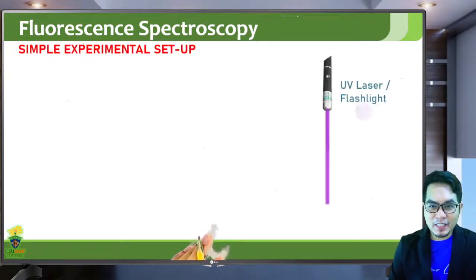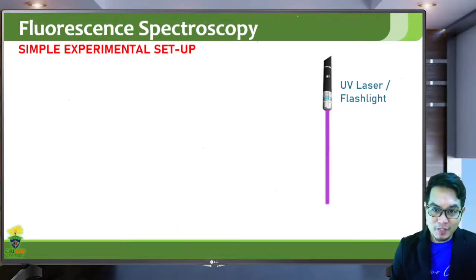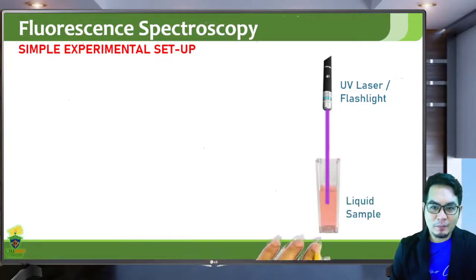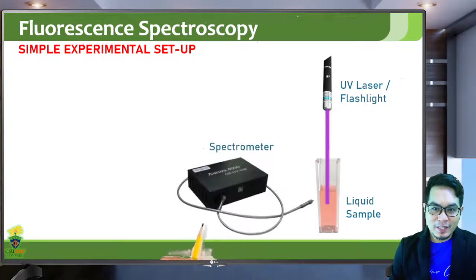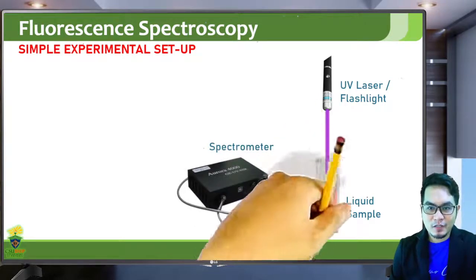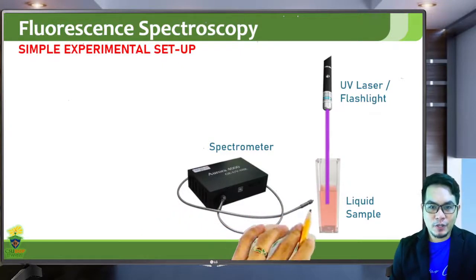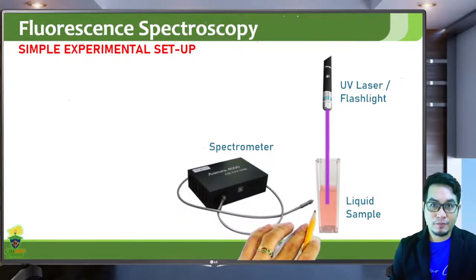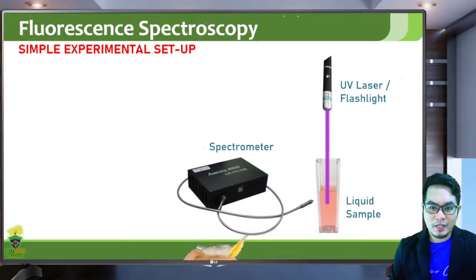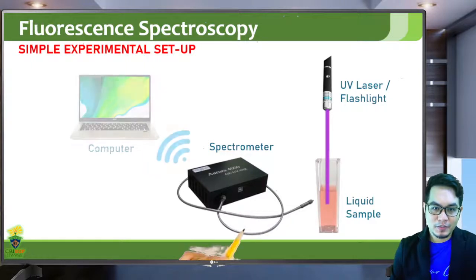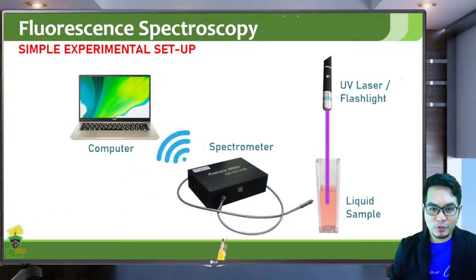Simple experimental setup for fluorescence spectroscopy. You need, for instance, a higher energy light source such as a UV laser or UV flashlight. If your sample is liquid, you put it in a cuvette, shine your laser or UV light on top, measure the emitted or fluorescent light at the sides of your cuvette or sample, and transmit your data to the computer.